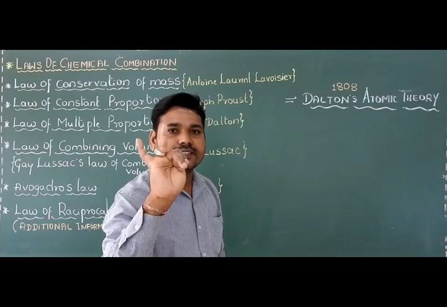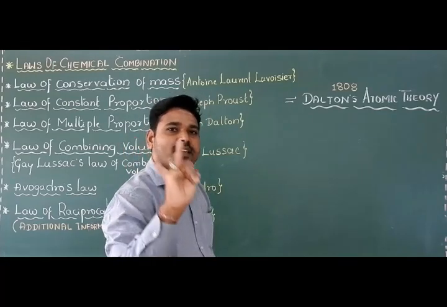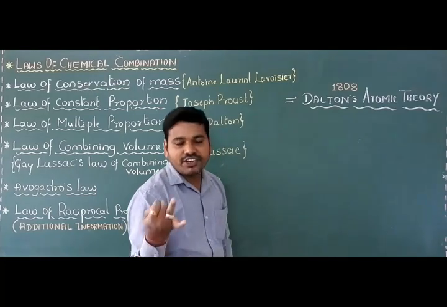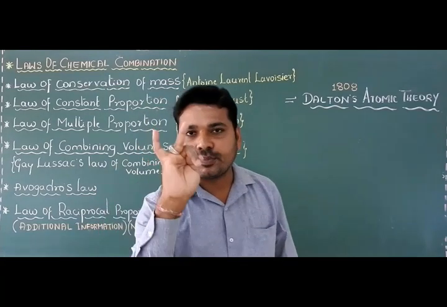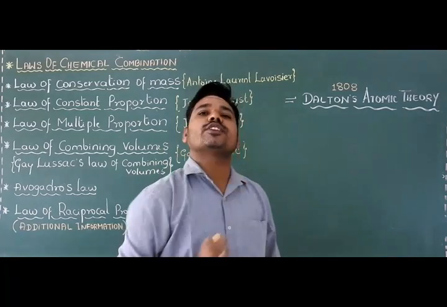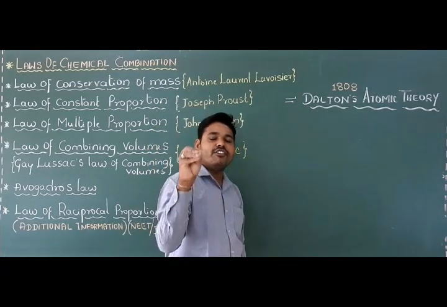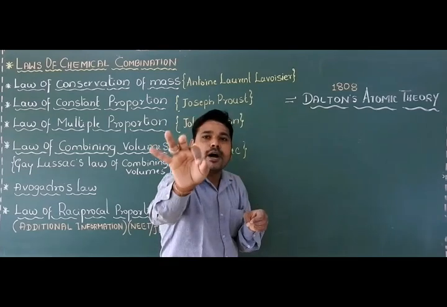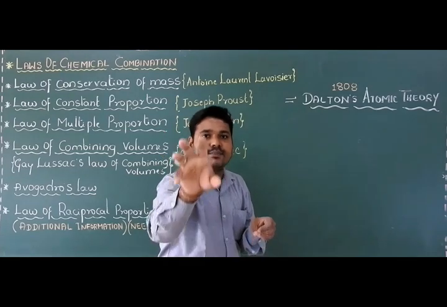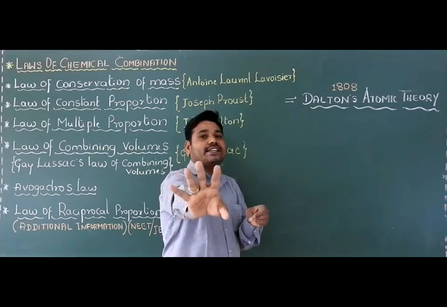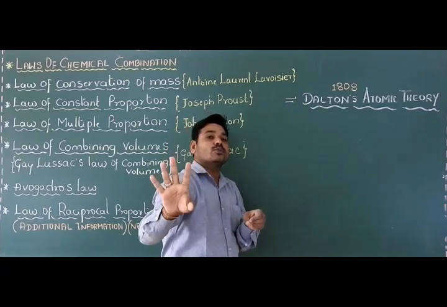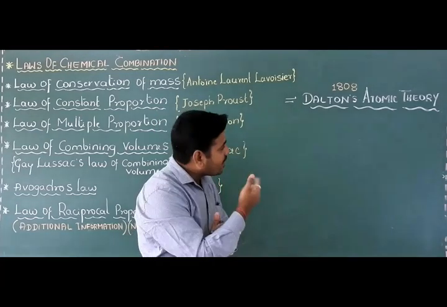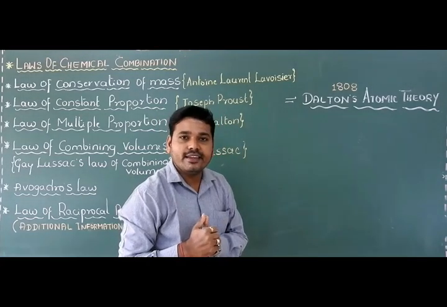The fourth one: atoms of the same element exhibit the same properties, whereas atoms of different elements exhibit different properties. And the last postulate: atoms of different elements combine to form a compound atom, or we call it a molecule. Please remember all these five postulates under Dalton's atomic theory, students. Is there any doubt in this Dalton's atomic theory?